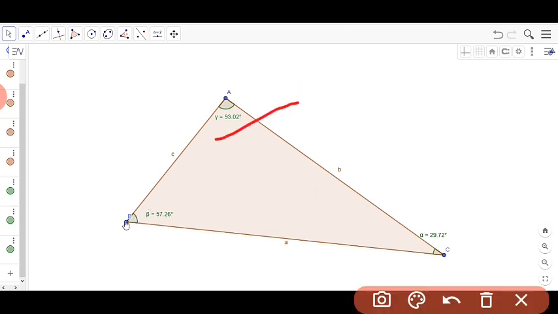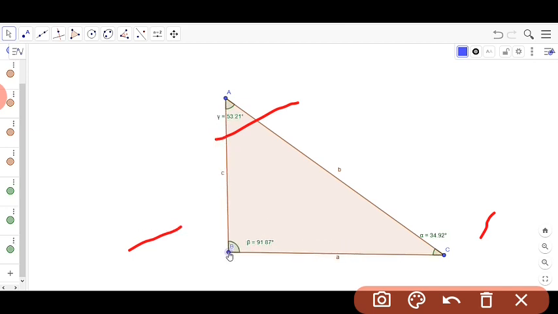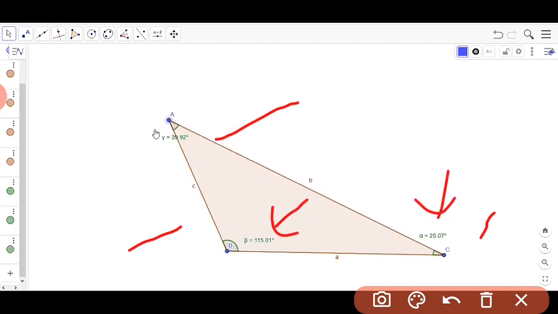This is angle A, angle B, angle C. When we add all these angles, the sum is 180 degree. Now I am moving one of the vertices of the triangle to this point, and we see that the sum of the angles is still the same.